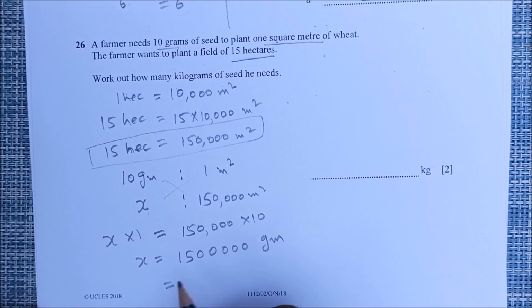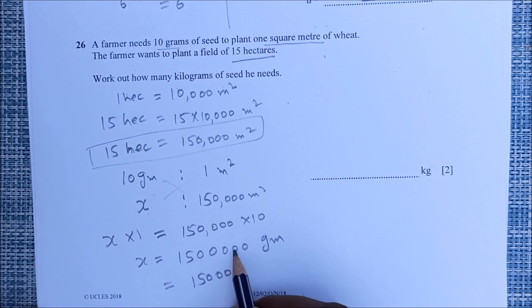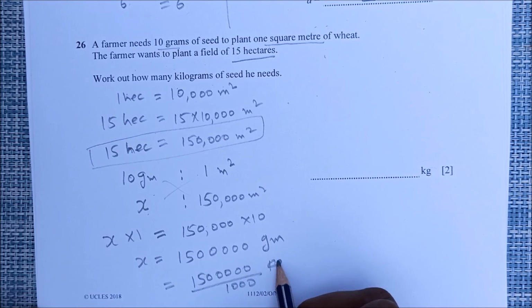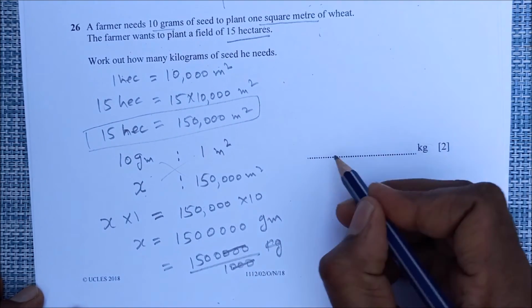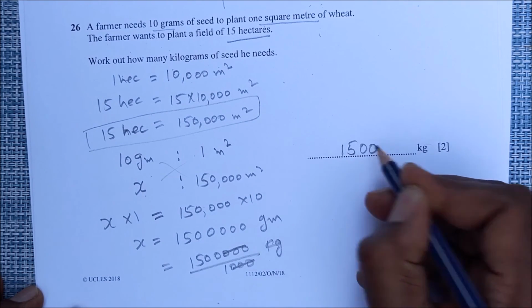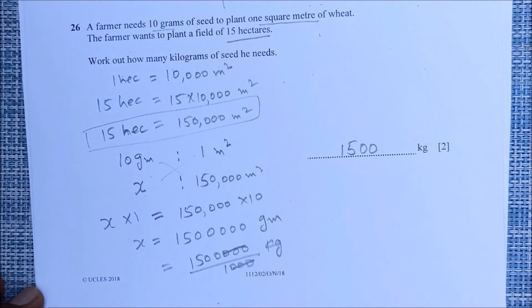So divide it by 1000. 3 zeros are gone, so our answer is 1500 kilograms.